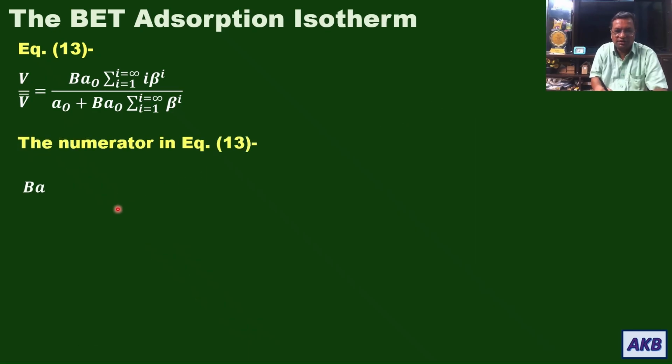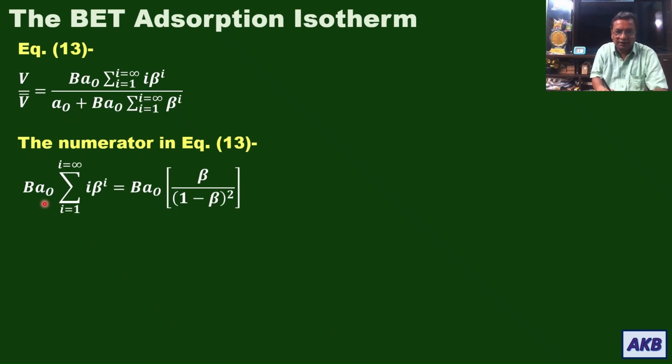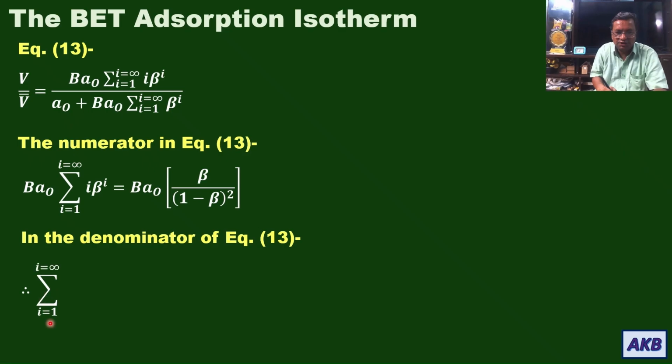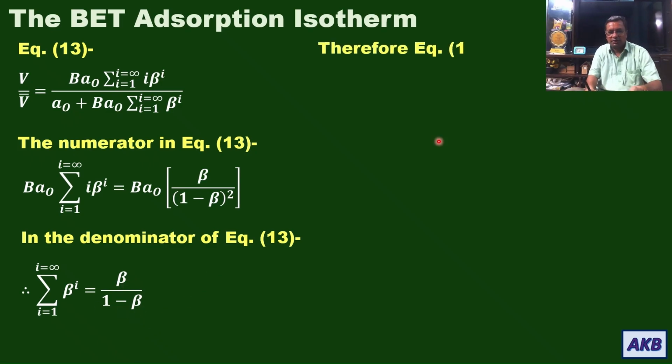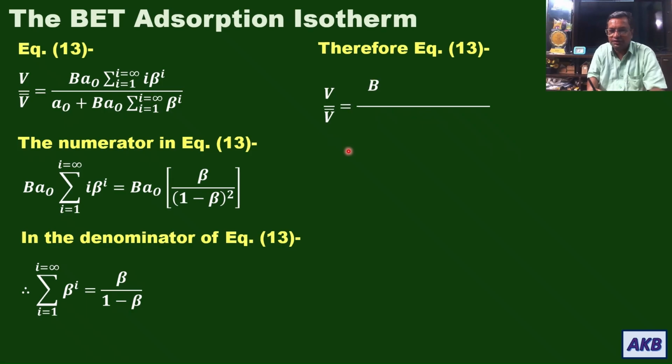The numerator now got simplified: b into a naught into summation of i beta raised to i, where i goes from 1 to infinity, is b into a naught into beta upon 1 minus beta square. In the denominator, the summation of beta raised to i, where i goes from 1 to infinity, is nothing but beta upon 1 minus beta. Now let us use these terms in equation 13.